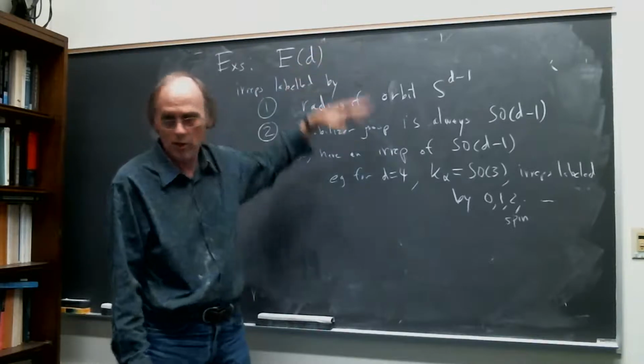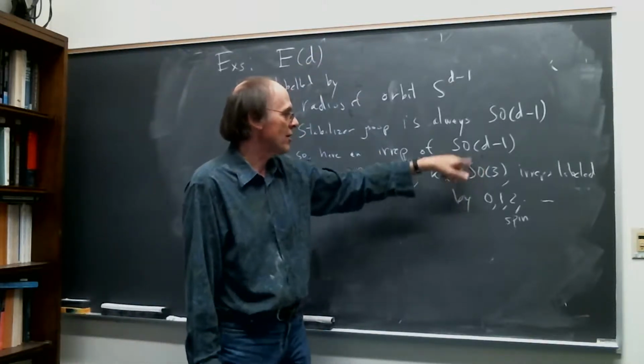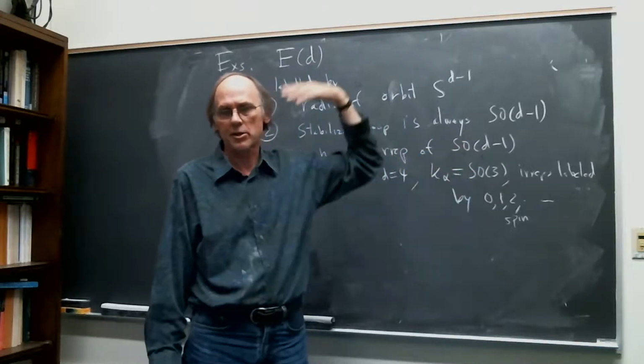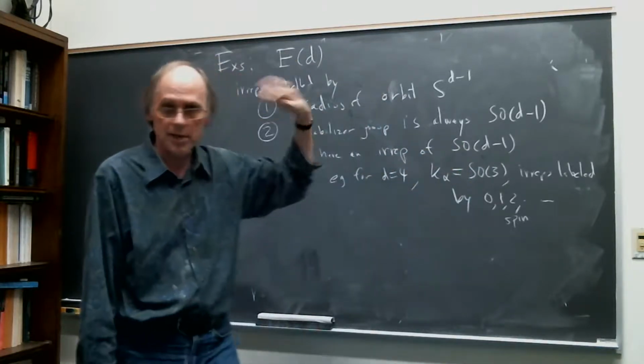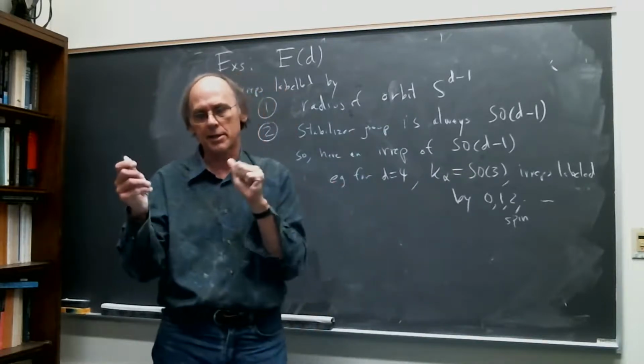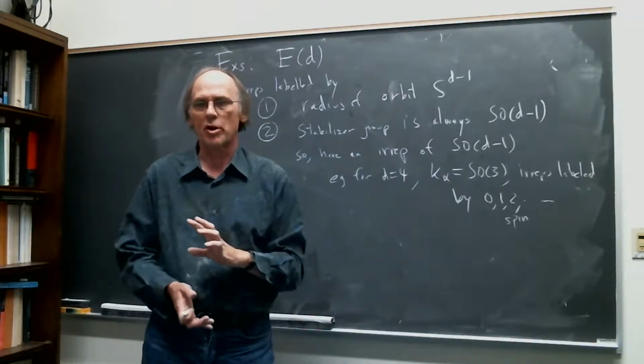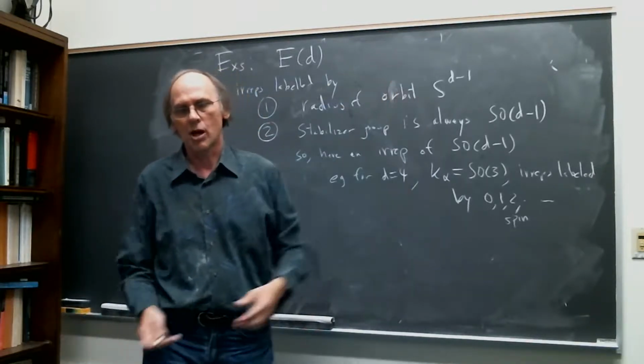And if you want to go to higher dimensions, then you have to learn the representation theory of the higher dimensional SO(n) groups. SO(4) is pretty easy because it's really two copies of SO(3). SO(5) starts to get more interesting, with a more complicated story.